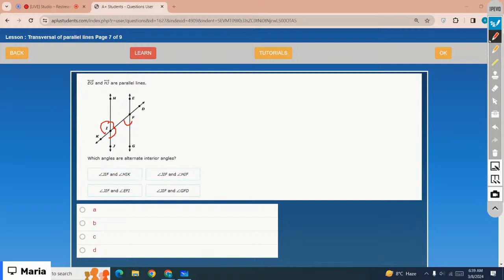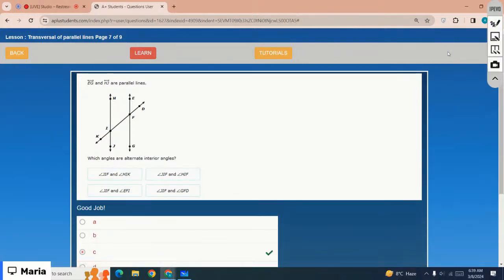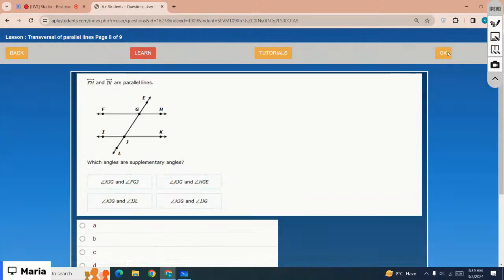I think C is the correct option. GFD. I think option number C is the correct option. Yes, that's option number C.